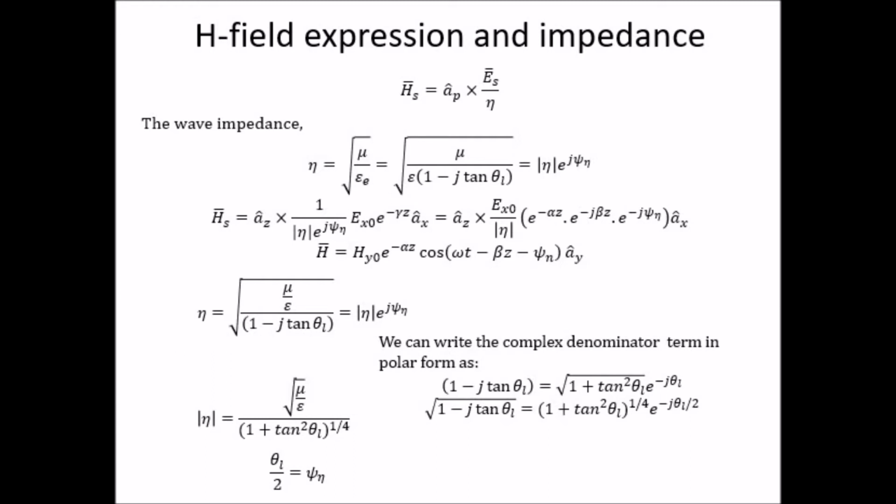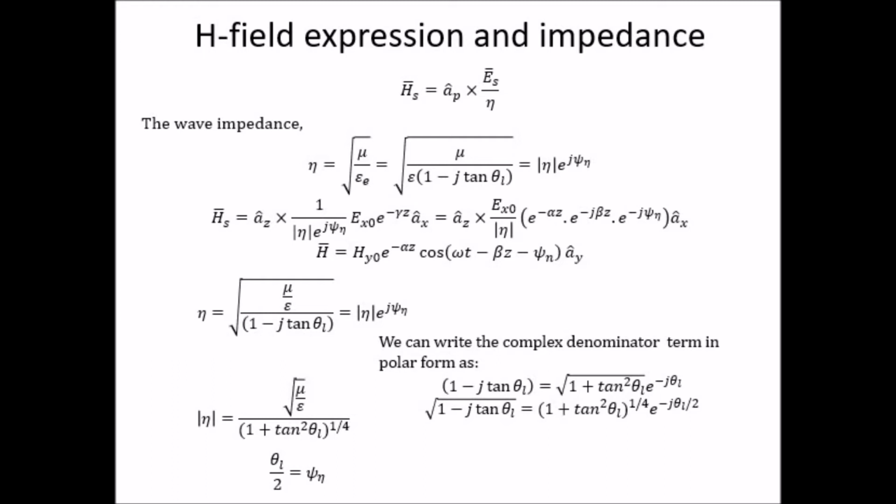Here mu and epsilon are constants, and 1 minus j tan theta_L is a complex quantity. It has a magnitude and a phase angle. So unlike the intrinsic impedance for a perfect dielectric, now we get a complex impedance, with a phase angle. We can write the magnitude of the impedance as magnitude of eta and the phase angle as psi_eta.